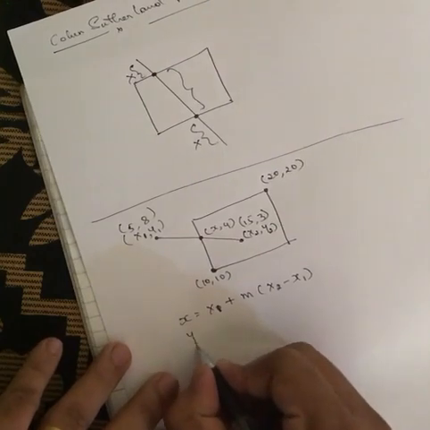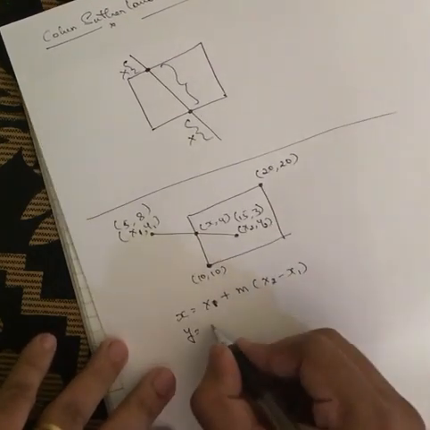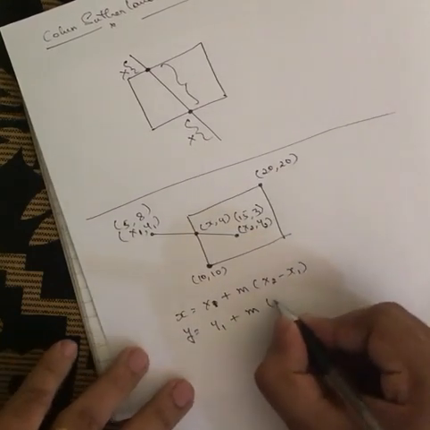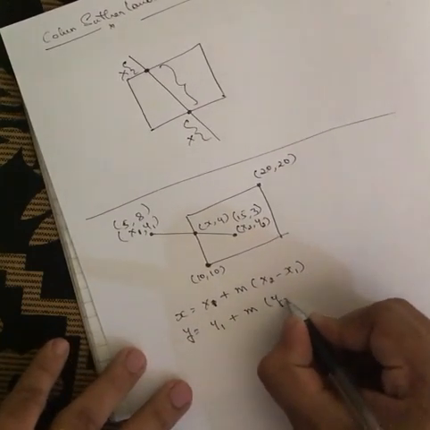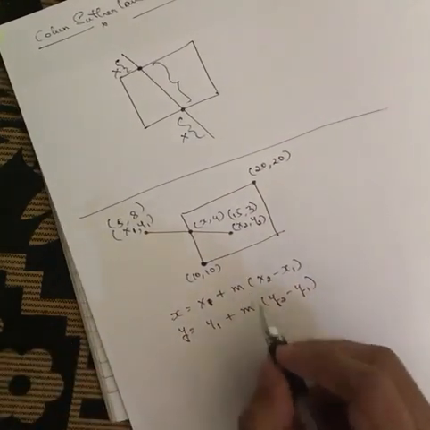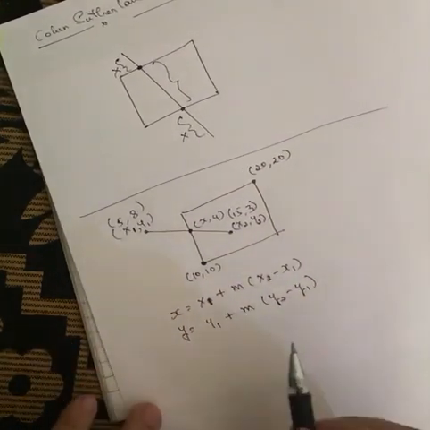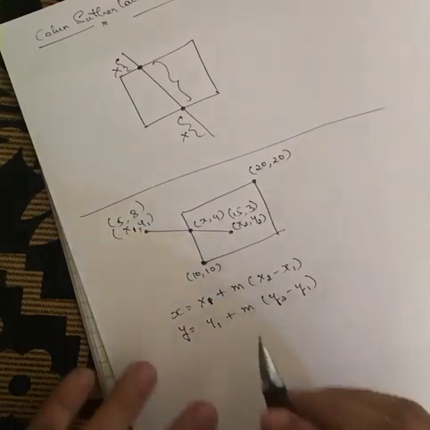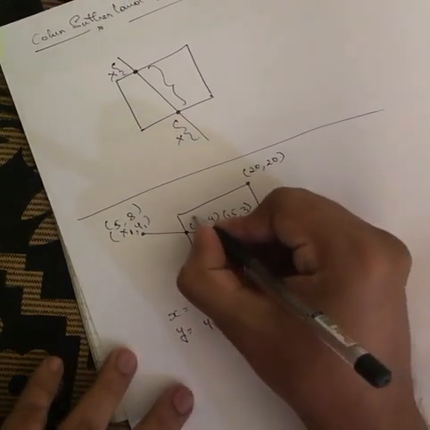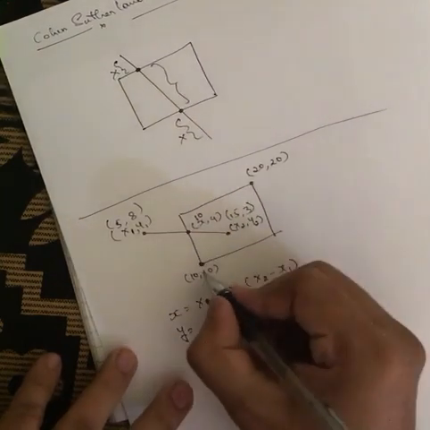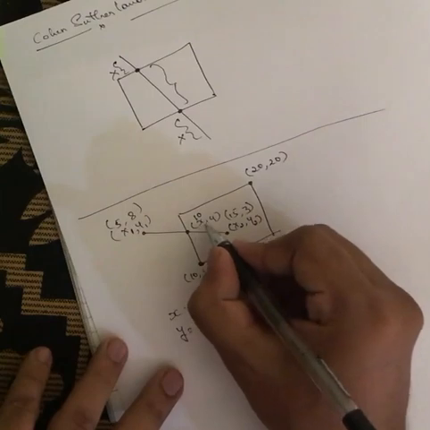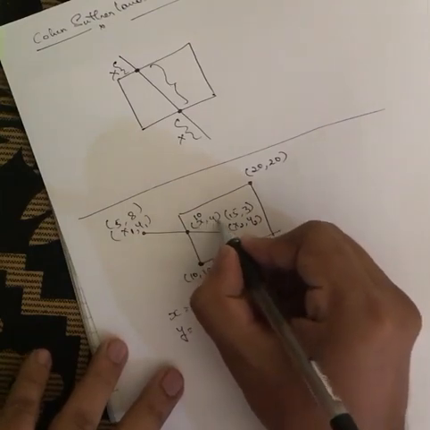Similarly, I can write y is equal to y1 plus m into y2 minus y1. So I have these two equations to find the intersection point. Now we have to remember, since we know this point 10 comma 10, the x will be 10, because for this entire line any point has x equal to 10. The only thing is we have to find y.